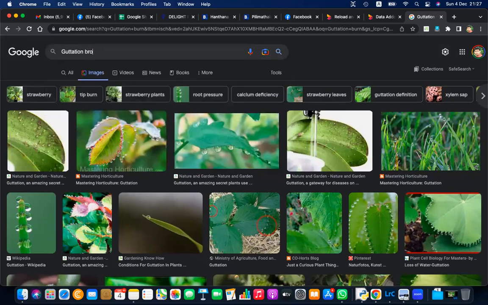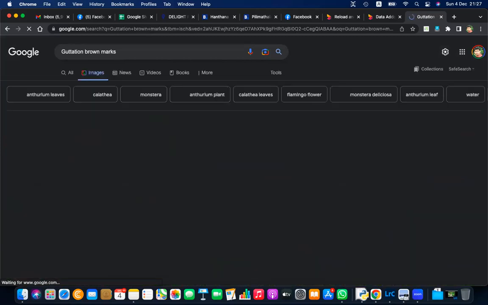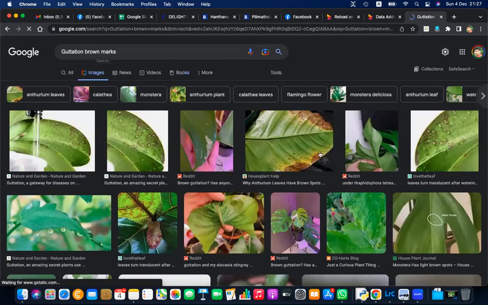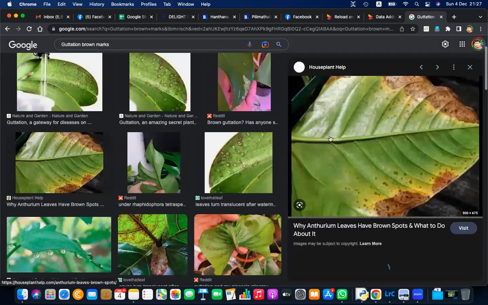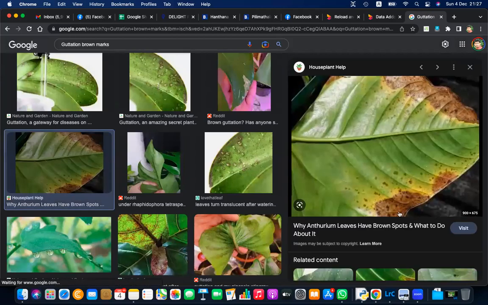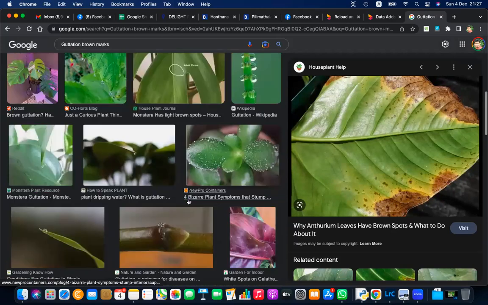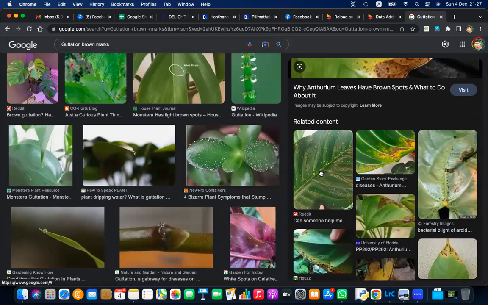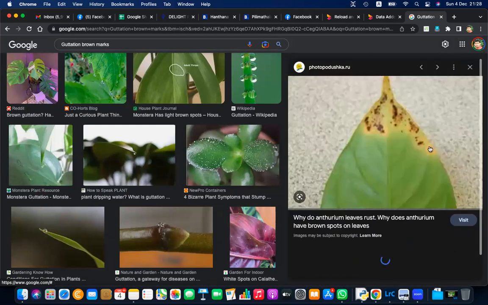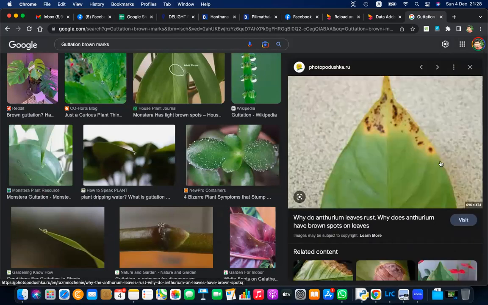Let's say brown marks, like dry patches. Here in the leaves also, this is because of guttation. The high concentration of salt and other minerals remains, and once it is exposed to sunlight, it will damage the leaf itself as a result of guttation.